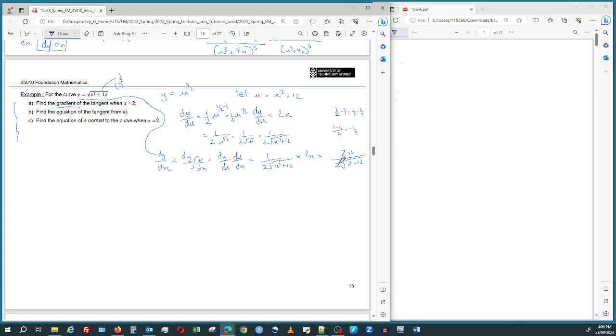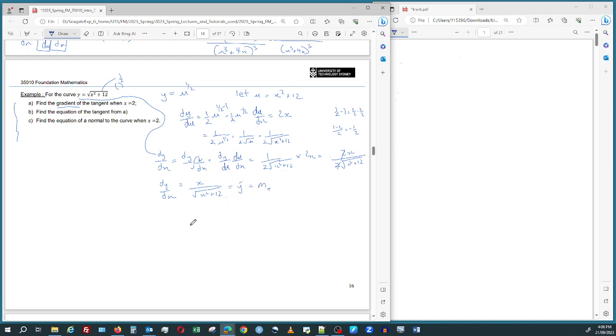Now you'll notice they'll cancel. And so we're left with dy dx of x over the square root of x squared plus 12. So that's our dy dx. That's our y dash. That's our gradient. And it's the gradient of our tangent. We're always finding the gradient of the tangent.